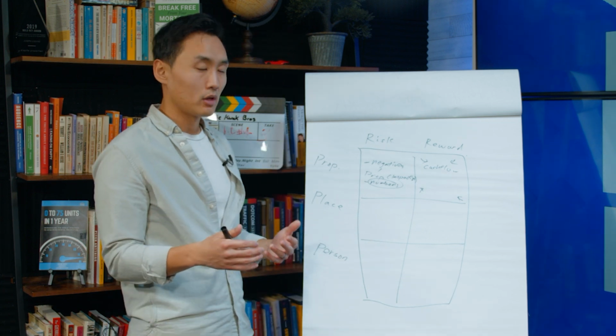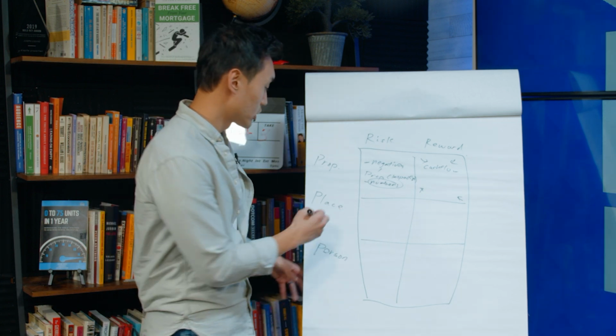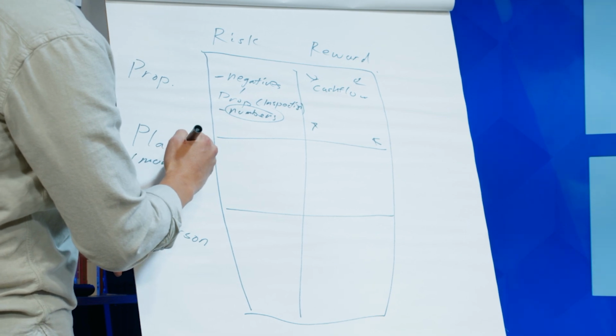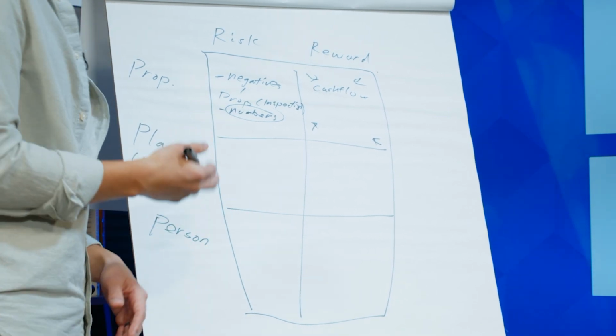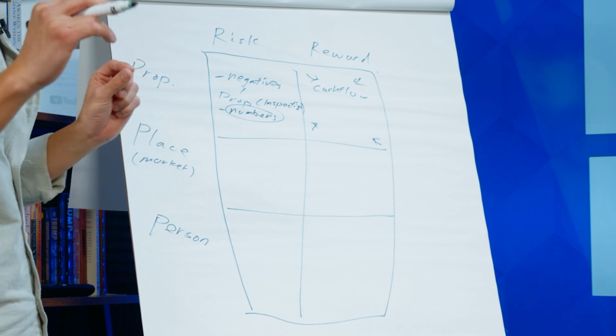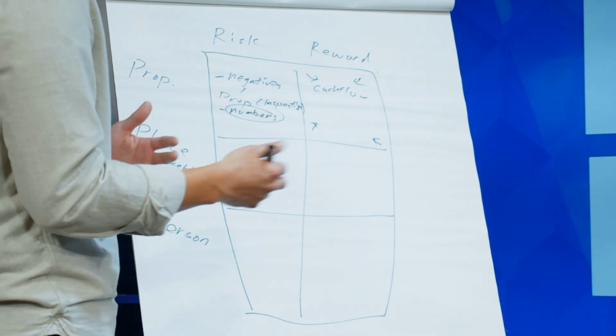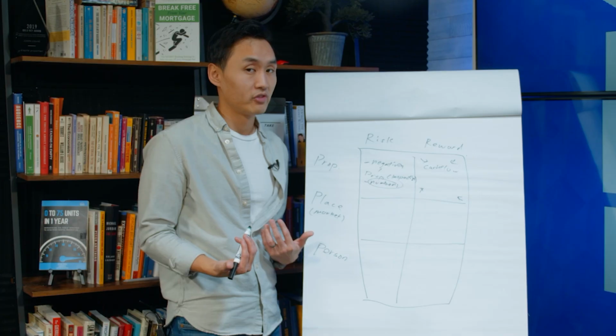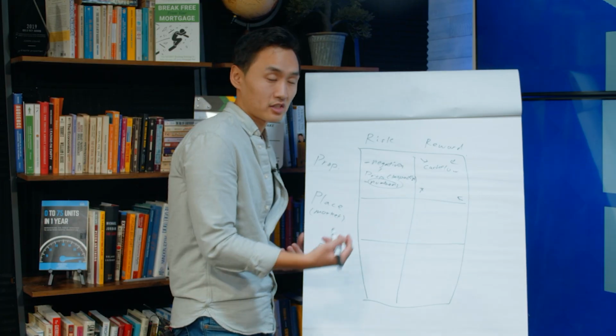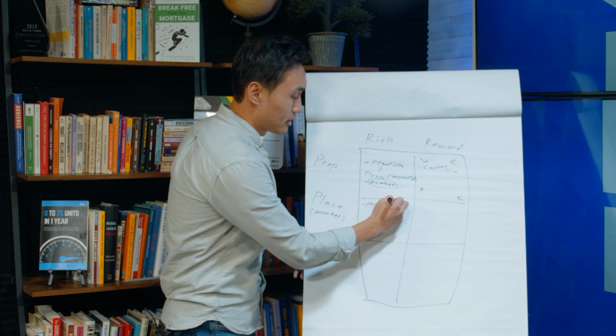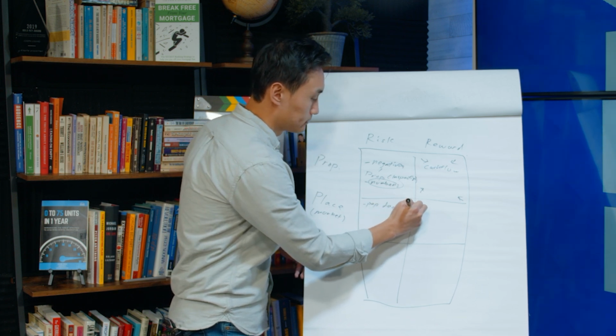A great example of a risk for a place, which, by the way, is just another word for, well, what market is this building located in? So for example, if this 6-unit or 8-unit property that we're looking at is located in my home state of Illinois, well, that's a risk because Illinois has a population decrease. Right?